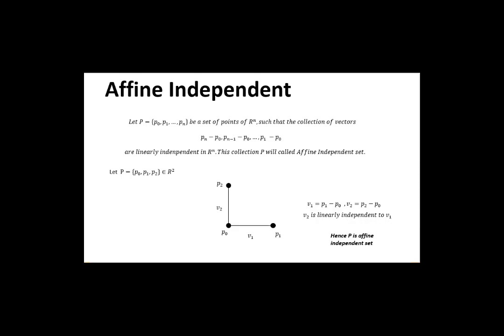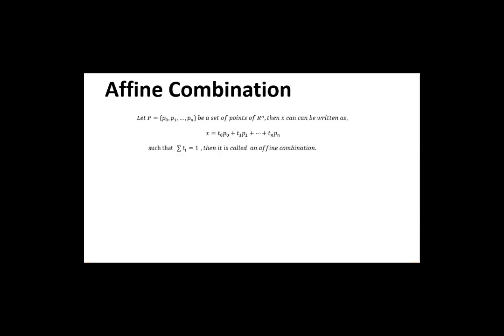Now moving towards affine combination, it is similar to a linear combination of points, but with an extra condition, as you can see, that the summation of all the coefficients should be equal to 1.